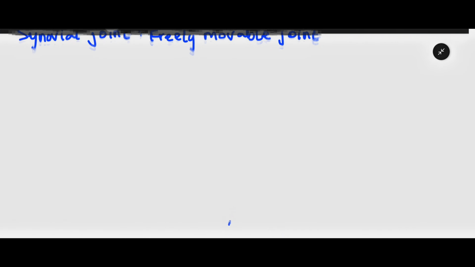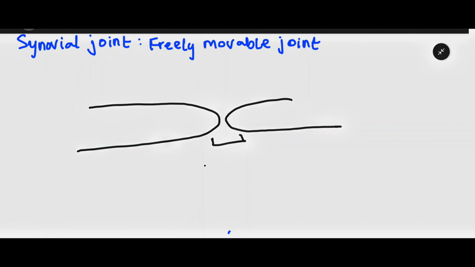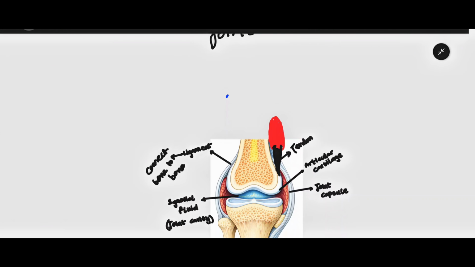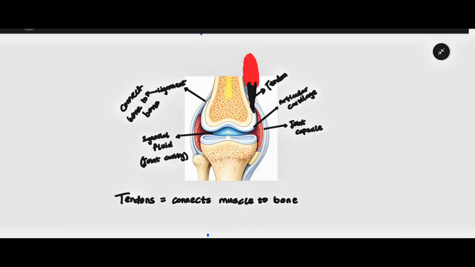Now, this is a simple diagram of what a joint would look like. You have one bone meeting another bone, and that's the joint right there. Now we're going to label it to look at the different parts of the joint. A synovial joint looks something like this.